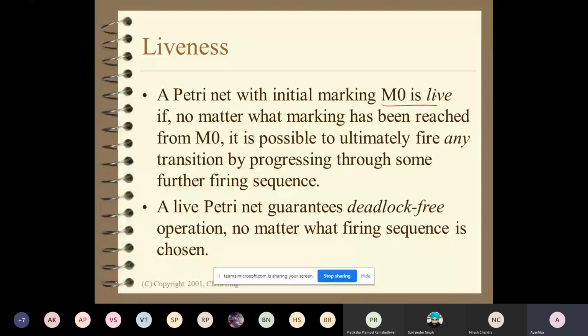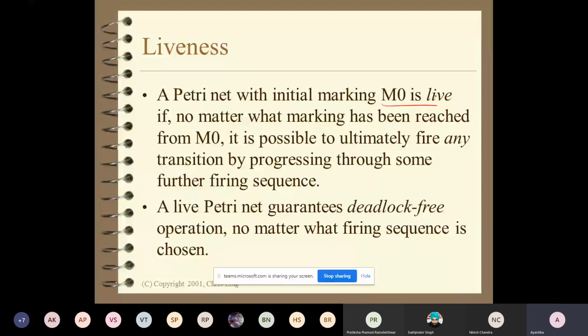So whatever states, whatever markings you have reached, there is another way to progress, another transition to make. If that is the situation, then your design or your model is actually maintaining the property of liveness.